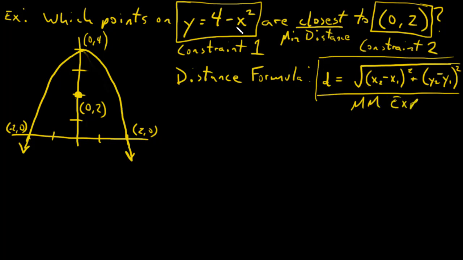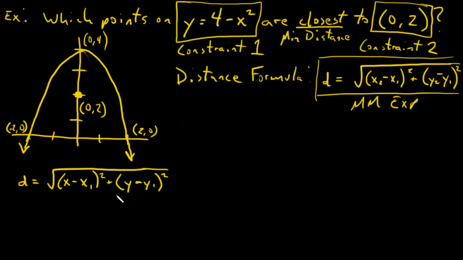Okay? I need to plug both of these constraints into this expression right here. So how do I do that? Well, I'm going to rewrite this distance formula just a little bit. Actually, you know what, I'm going to come over here again. Maybe I'll solve it all on one page. D is equal to the square root of (x minus x1) squared plus (y minus y1) squared. Why on earth did I do that?